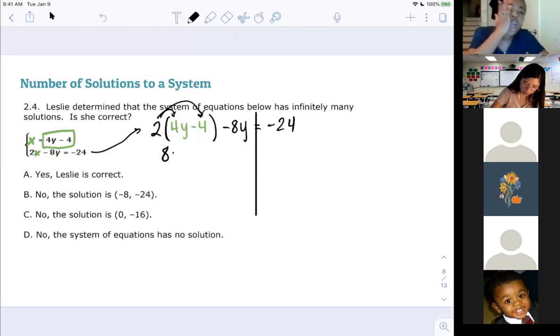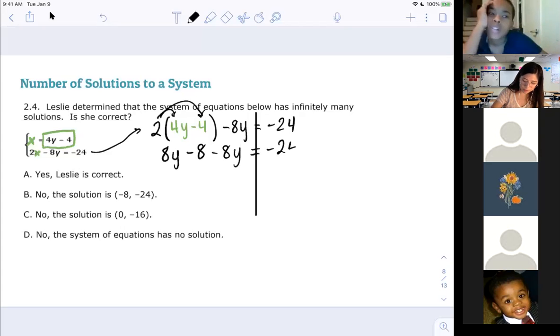So I have 8y minus 8 minus 8y equals negative 24. Okay, after we distribute, what can I do now? Add. What am I adding? 8y. Okay, Daniel said it correctly.